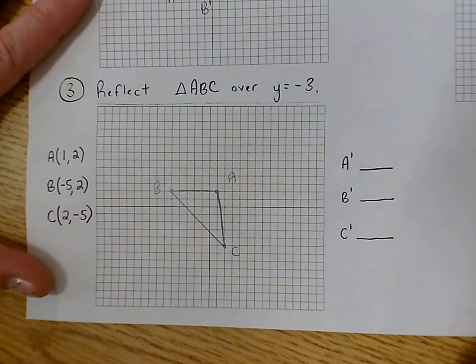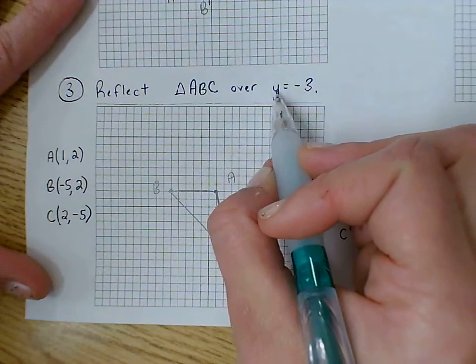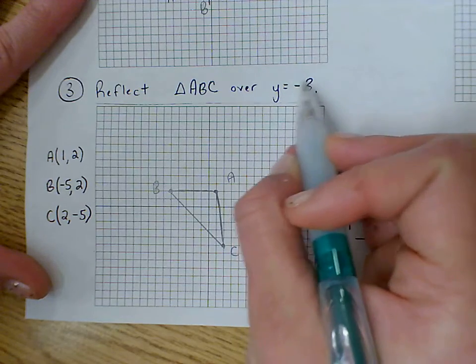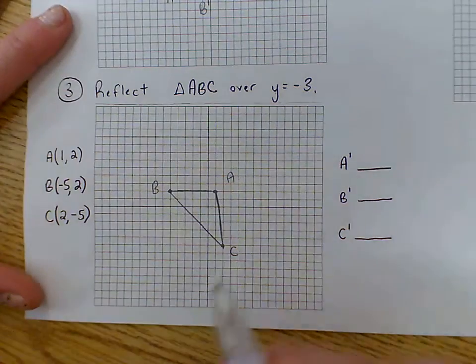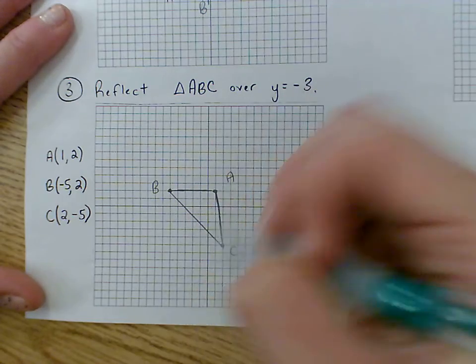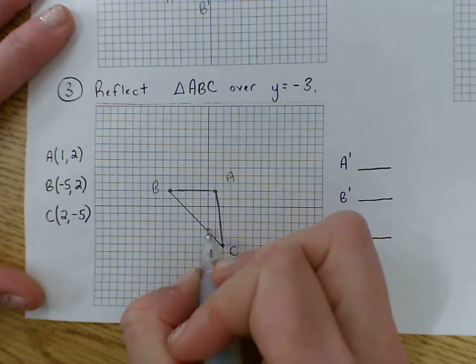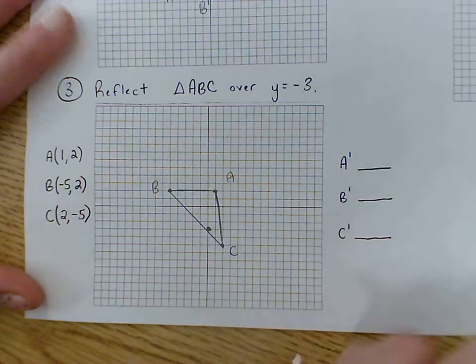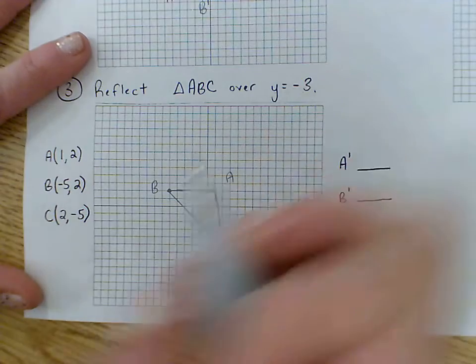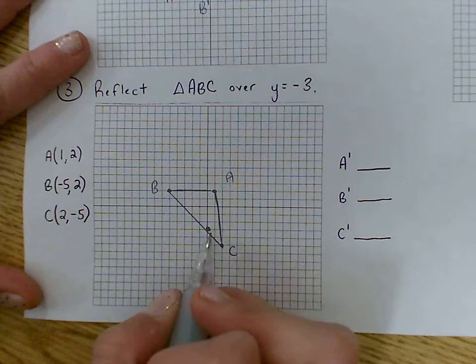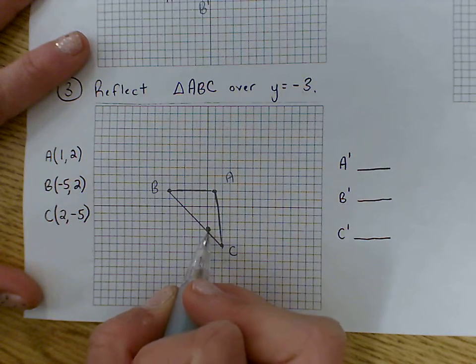Another way of thinking about it is this line is going to hit the y-axis at -3 and nowhere else on the y-axis. So I'm going to go on the y-axis to -3, 1, 2, 3, and put a dot. And I'm going to think, okay, how can I draw my line? It's either going to be vertical or horizontal so that it hits the y-axis at -3 and nowhere else.